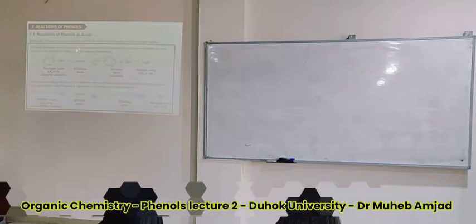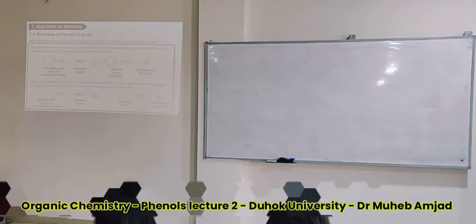Phenol is more acidic than water. Why? This is a question for you. Explain to me why. Because of the stability of the conjugate base. First step, you have to write the conjugate base and look at its stability. If your conjugate base is stable, that means it will be a stronger acid.